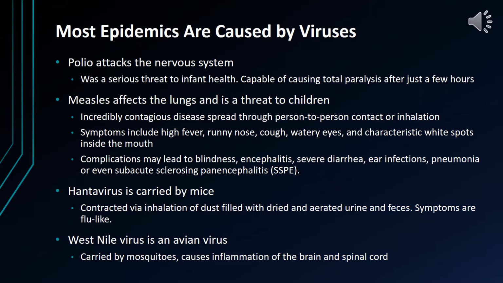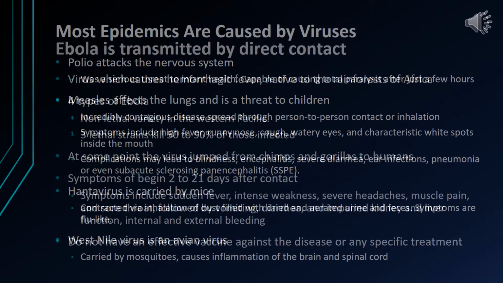And then finally we have the West Nile virus, which is an avian virus contained within birds many times. This is carried by mosquitoes and can lead to inflammation of the brain and spinal cord. This inflammation and swelling of the brain is encephalitis, and I'm not sure exactly what they call it when the spinal cord swells.